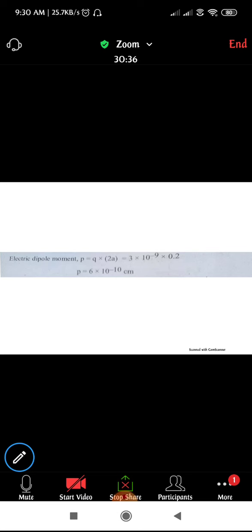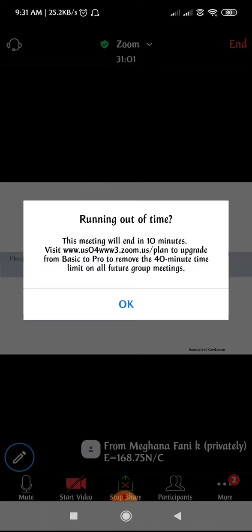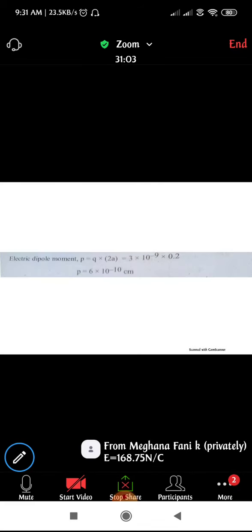Let me wait for some more time, a few minutes, to see what the others are going to get as the answer. Yes, Meghana, 168.75 Newton per Coulomb.